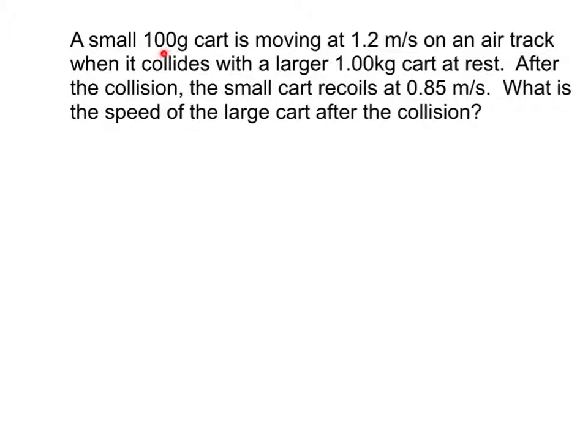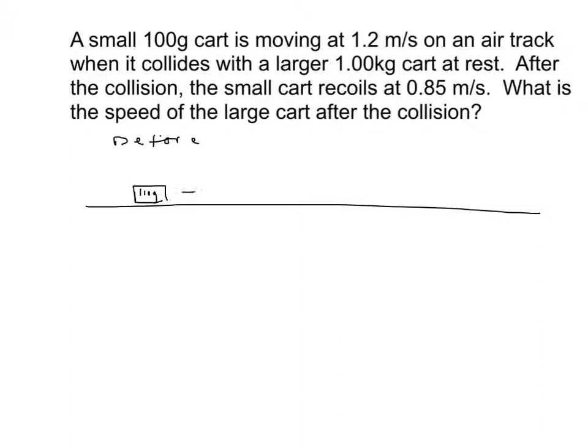Okay, so what I would do in this problem, as setting it up, I would try to draw myself a picture of what's going on here. So there's a before picture, and what I have is some cart, and we know this cart weighs 100 grams, and this cart is moving at 1.2 meters per second, and it's on an air track, so there's no friction.